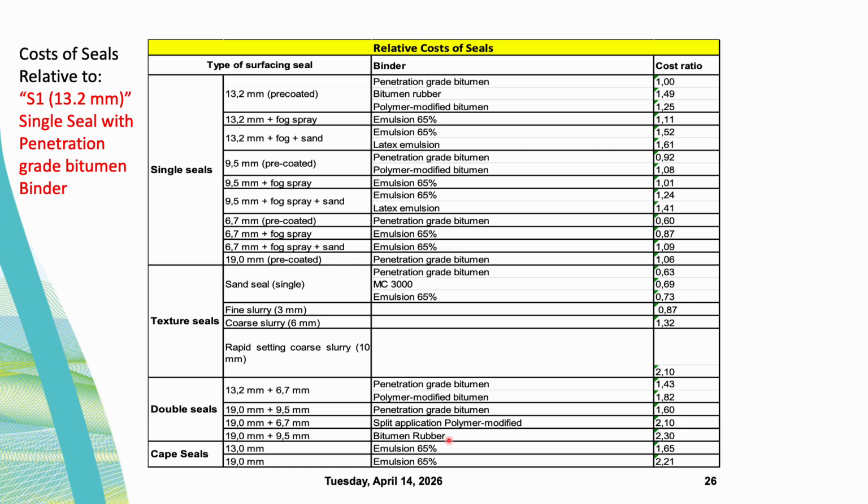But rubber is always a very good option, provided you can build it. The contractor is trained to use bitumen rubber and all the details that come with treating seals and emulsions and binders in the field.